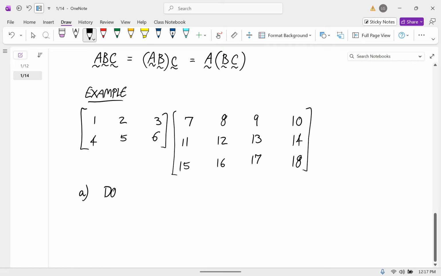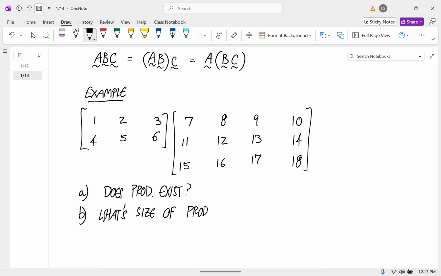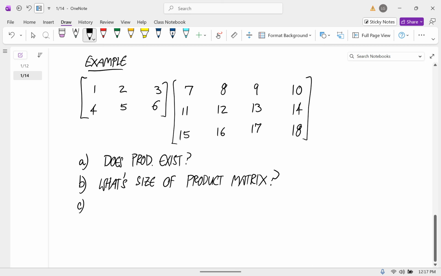First, does this product exist? And then second, what's the size of the product matrix? And then how about this? Does the product matrix exist if you switch the order?